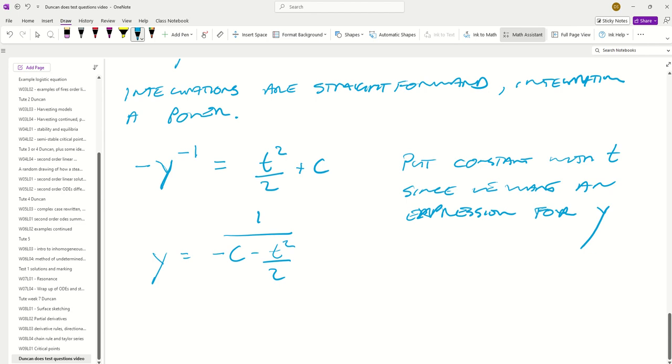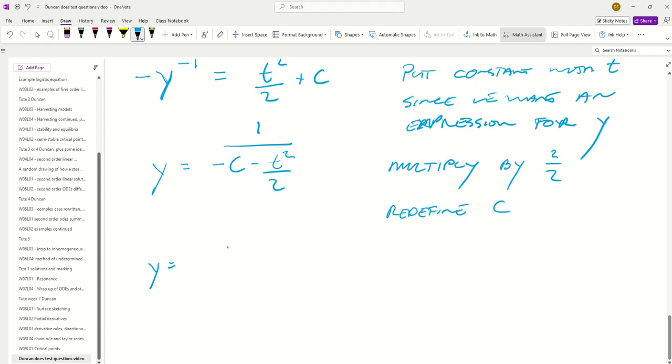Now, what I would do here is I'd multiply top and bottom by 2, and I'd redefine C. So here, C's gone 2. It'll pick up a 2 and a minus, so it'll do this. So maybe I'll even call this D instead of C, just to be less confusing.